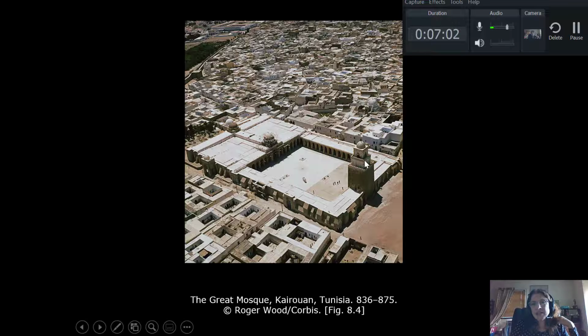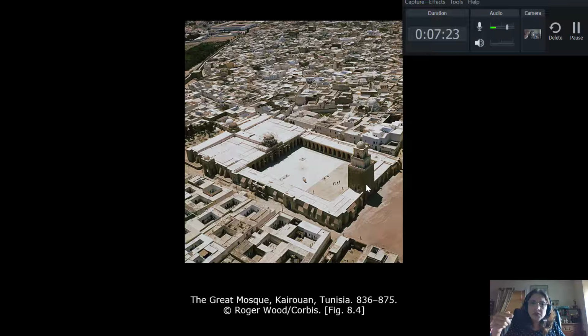And this serves as what's called a minaret, although it's really kind of fat and squatty compared to the ideas we think of nowadays of minarets, because they're usually fairly slender, tall towers, and they're used to call the devoted to prayer.